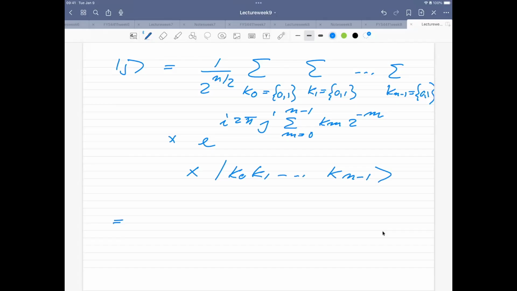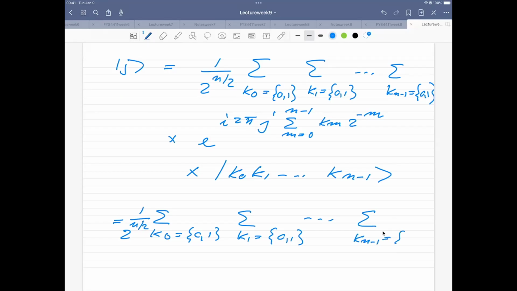There is a factor of 1 over 2^(n/2), there's a sum over K, and the sums over these K_0s and K_1s, etc., run only over the qubits which we have, the computational basis with 1 qubit, and this runs up to K_(n-1) equals 0 and 1.